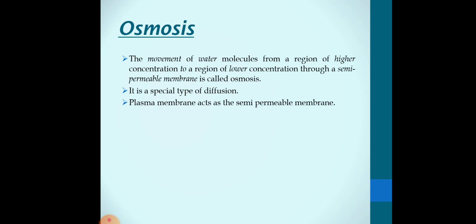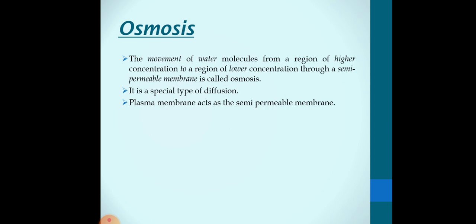In diffusion also, there was movement of molecules from a region of higher concentration to a region of lower concentration. But here there is a difference: in osmosis only the movement of water molecules takes place, not any other type of molecule, through a semi-permeable membrane. So it can be said that osmosis is a special type of diffusion.